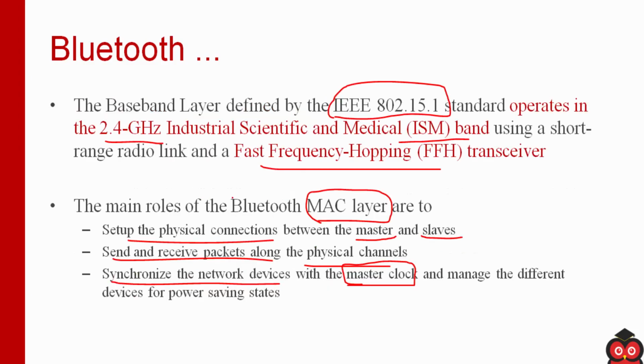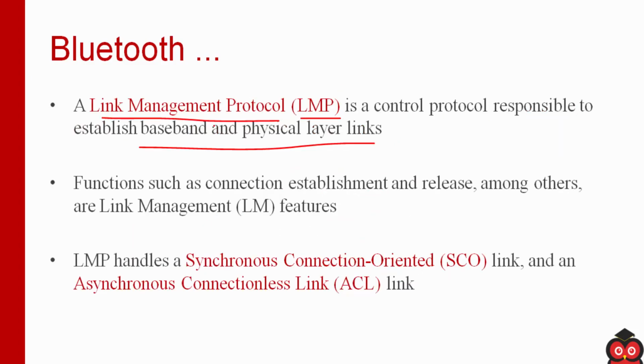The first role of the MAC layer is establishing connections, and it is done by the link management protocol. Managing the links means creating the link and releasing the link. Those things are done by LMP.